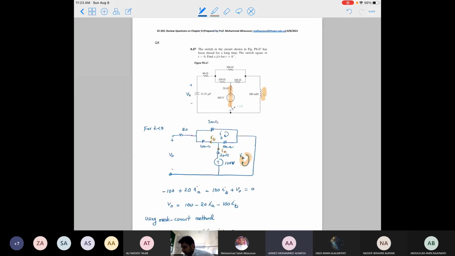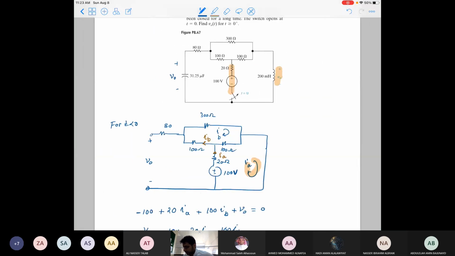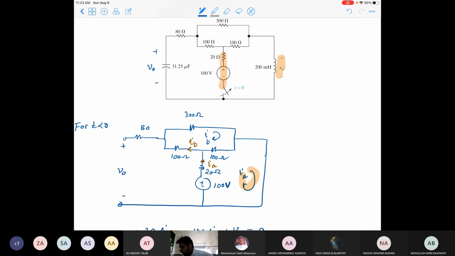So I want to draw it this way. If I have an inductor, then the voltage across the inductor is L dIL by dt.